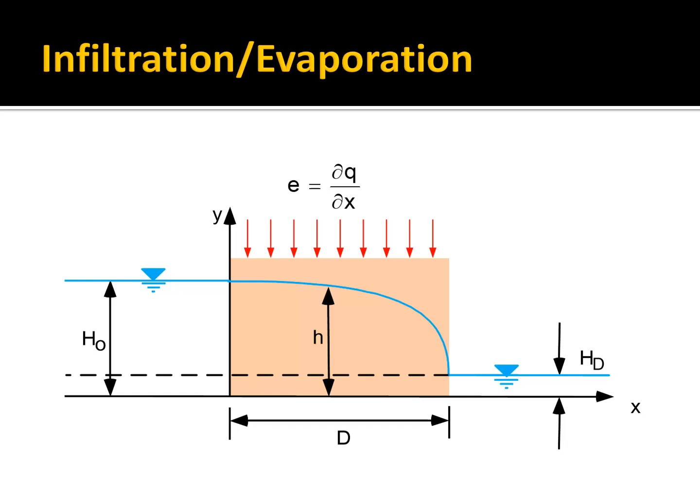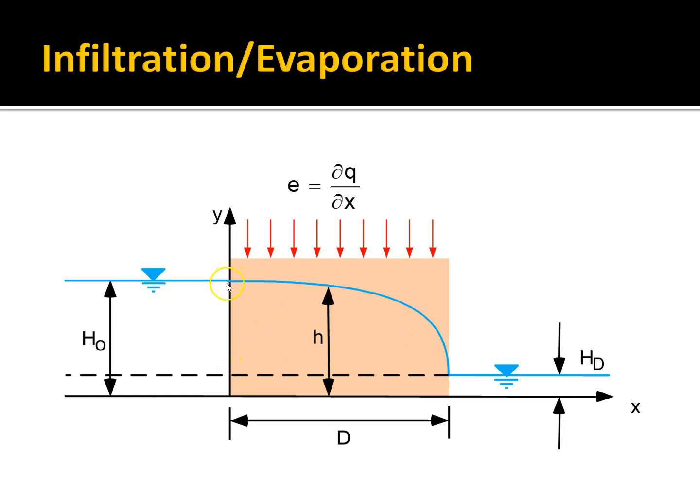If you say, well, what if we have some sort of infiltration or recharge on the top? That infiltration rate, you can show mathematically, is equal to del Q del x. So if you have infiltration coming in, the units are such that it represents how the flow rate changes as you go from left to right.